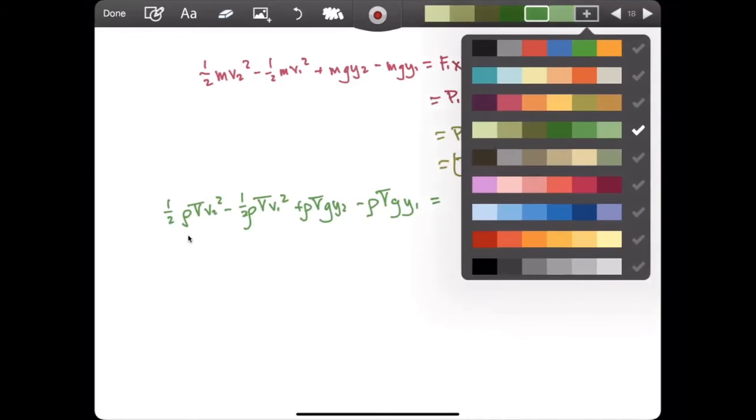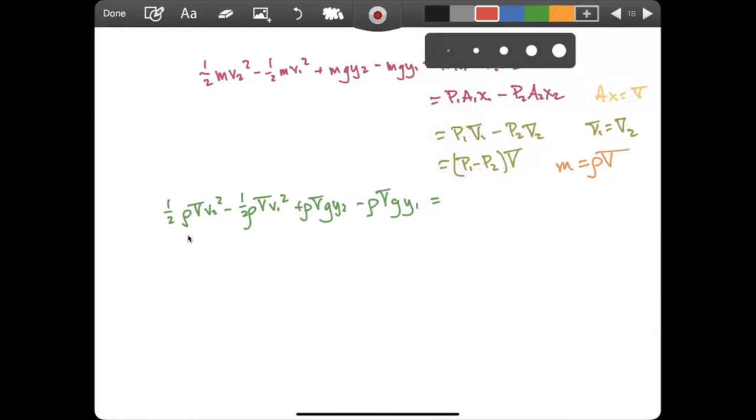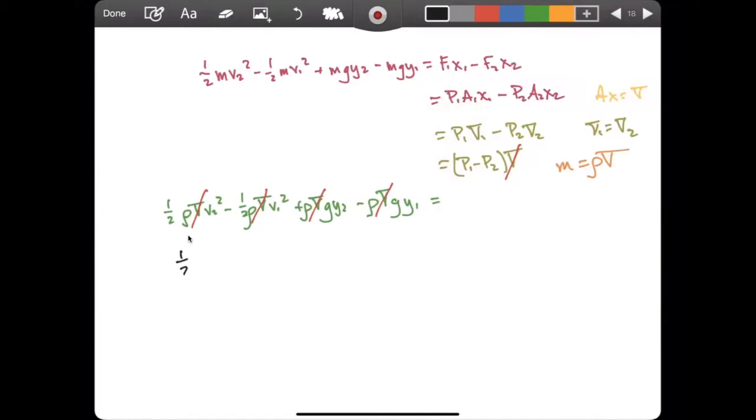Now from here, what you can see is all the volumes are simply going to cancel. So at the end of the day, we're going to get 1/2 rho v2 squared minus 1/2 rho v1 squared plus rho g y2 minus rho g y1 is equal to P1 minus P2.